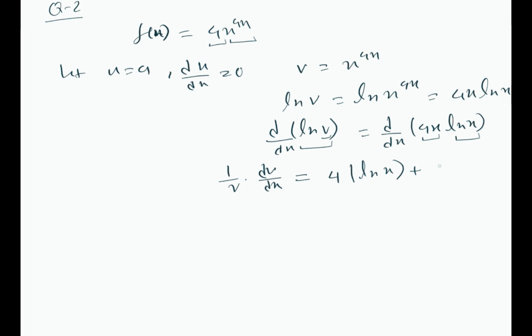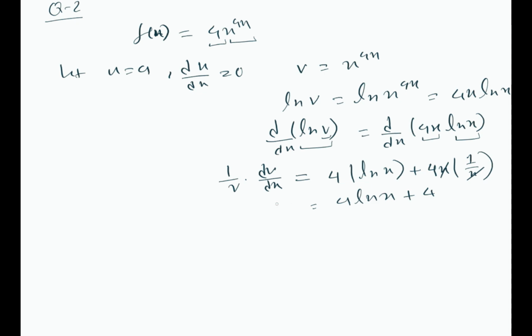Then plus our u, which is 4x, and then the derivative of ln x, which is 1 over x. So this x and this x cancel, and I can write 4 ln of x plus 4, right?